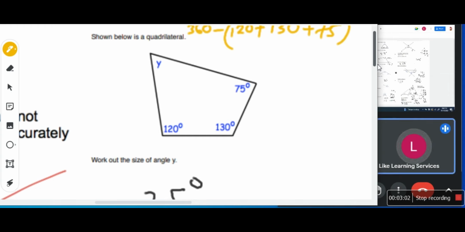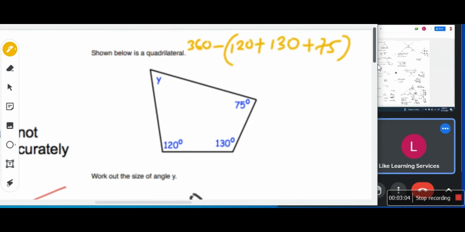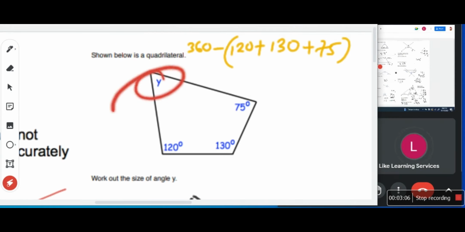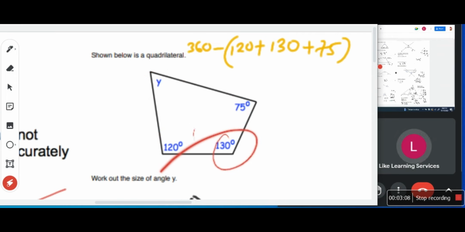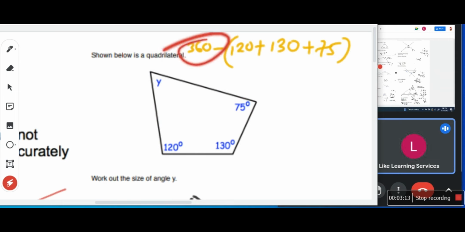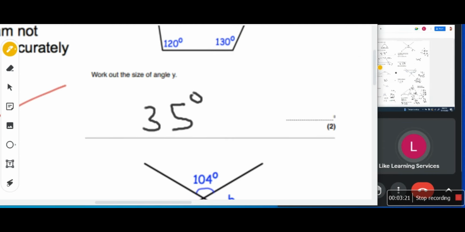I hope that's what you did. Yes. Because everything added will be 360. It's a four-sided shape. Four-sided shape is 360 degrees. So you add the ones that are given, and it's 360 minus the total of them. So 35, I want to believe that you did the working correctly.